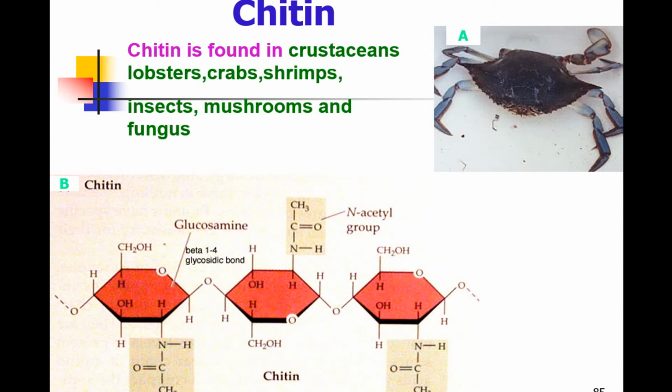So chitin is a homopolysaccharide seen in the external skeleton of crustaceans, lobsters, crabs, shrimps, insects, mushrooms and other fungus.